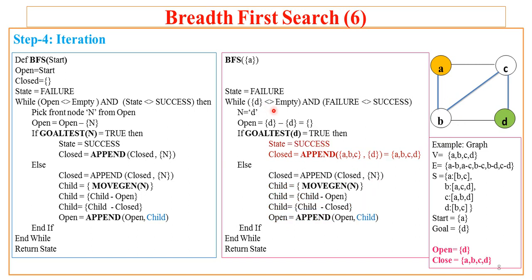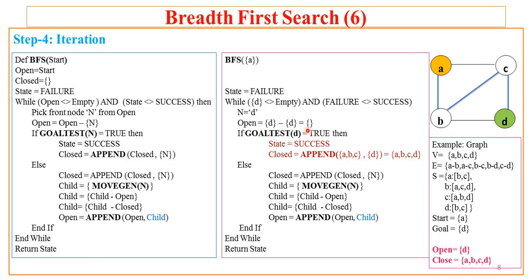Now we have only one node left, D. At this point of time we are picking the front of the open. As open is not empty and state is also failure, both conditions are true. So the while loop iterates and picks the front node from the open. It has only one node, and that will be picked and removed.